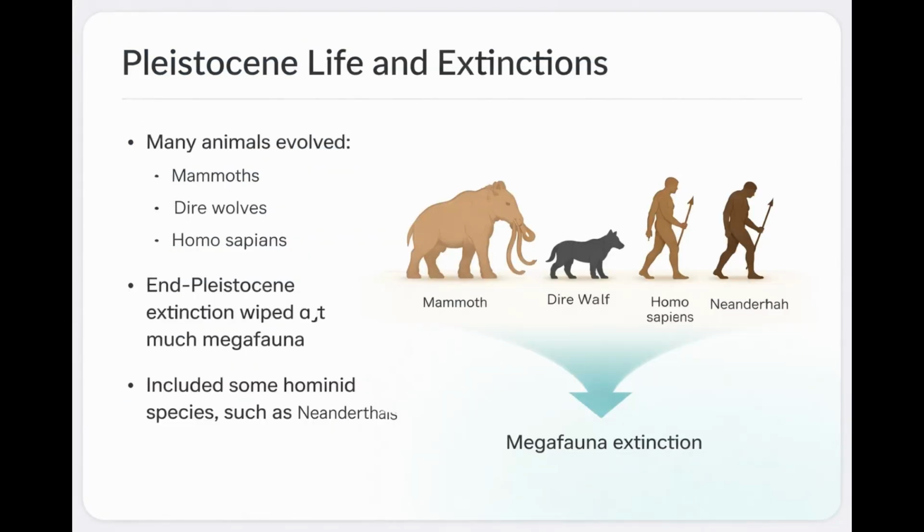The Pleistocene is also notable for the evolution and presence of many animals, including mammoths, dire wolves, and most famously, Homo sapiens. As the Pleistocene drew to a close, the source notes a major extinction that wiped out much of the world's megafauna. It also included the loss of some hominid species, such as Neanderthals, highlighting that human evolution is intertwined with these late Quaternary environmental shifts.